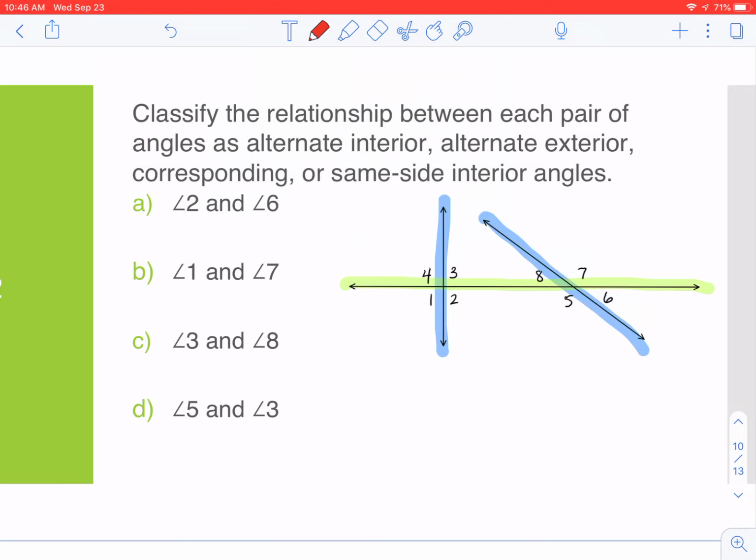What you might want to do is label this exterior, exterior, and interior. Okay, so I'm going to circle 2 and 6. They're on the same side, but they're not both interior. So I know that those are corresponding.